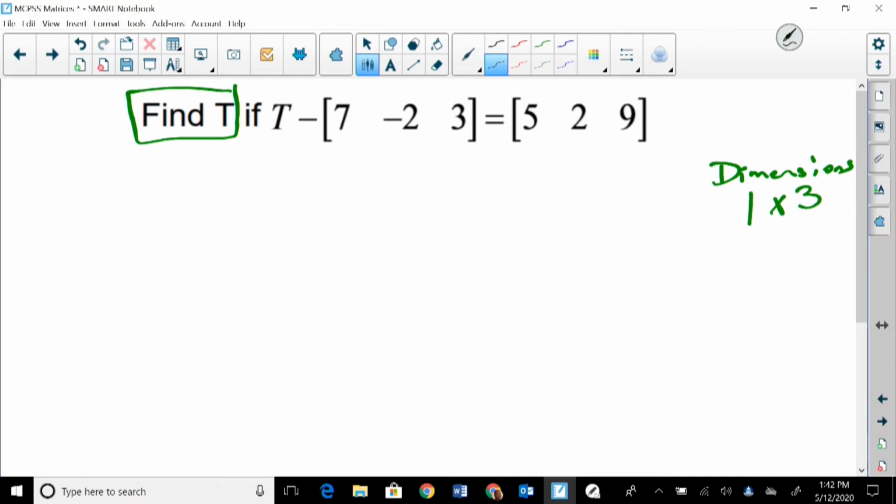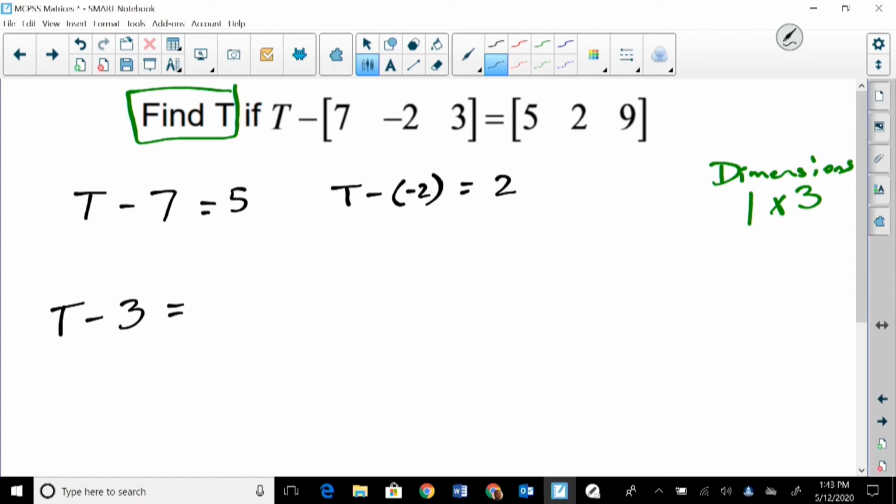So if we were to bring this over, it would be t minus 7 equals 5. T minus negative 2 equals 2. T minus 3 equals 9.